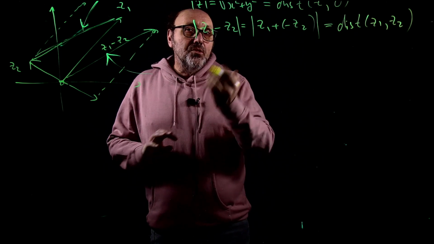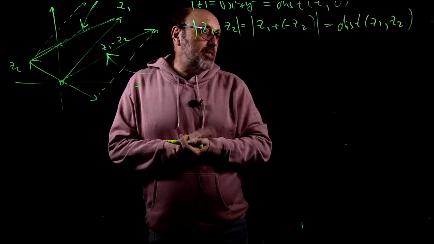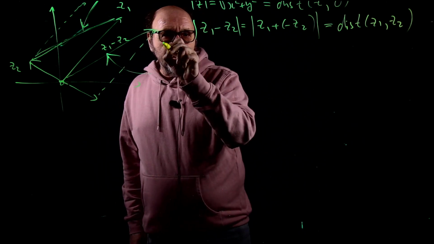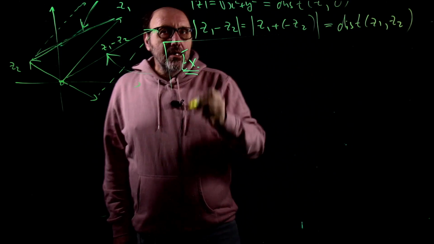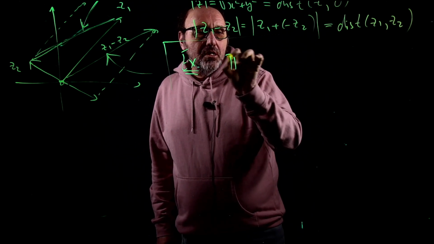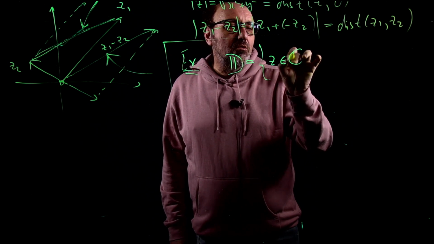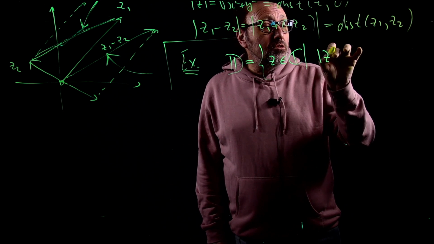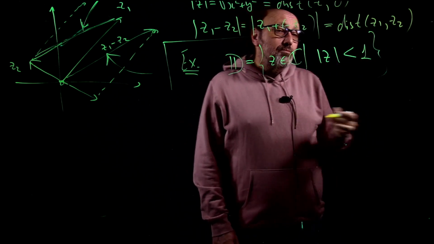So this means that we can use the modulus in order to geometrically define some subsets of the plane. One of the most important examples for us will be the unit disk, which is always denoted like this. So this is the set of points of the complex plane such that the modulus of z is smaller than 1.